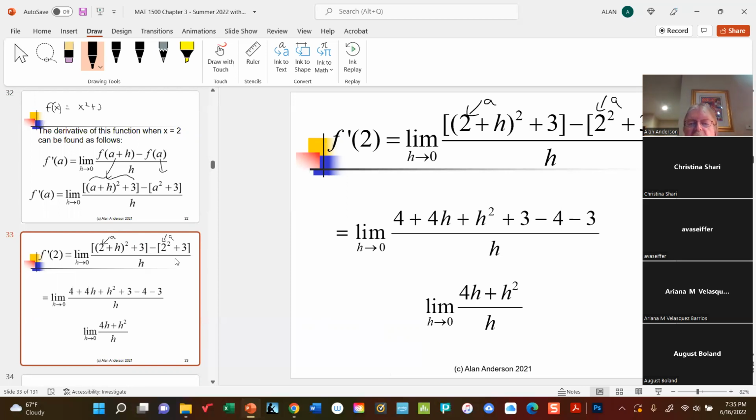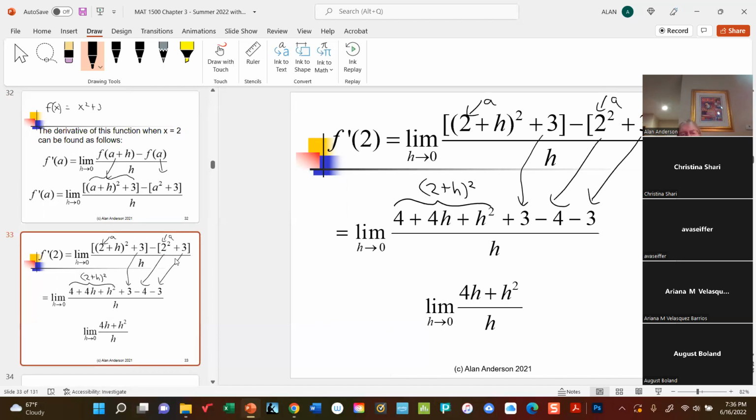Now, all of this is 2 plus h squared. Then we have the 3. And then now here we have to drop the parentheses. So we have 2 negatives here. This is 4 and this is 3.